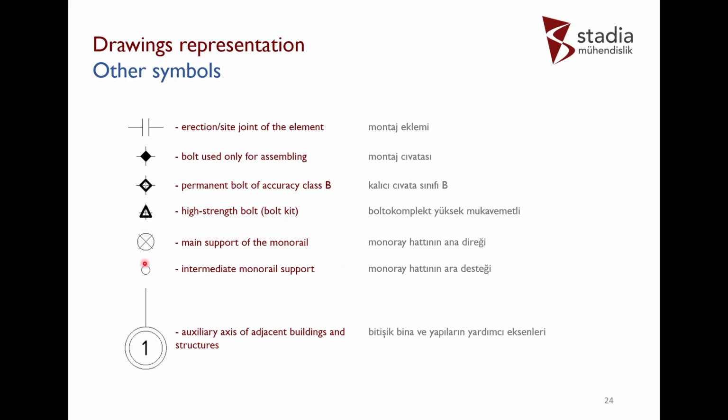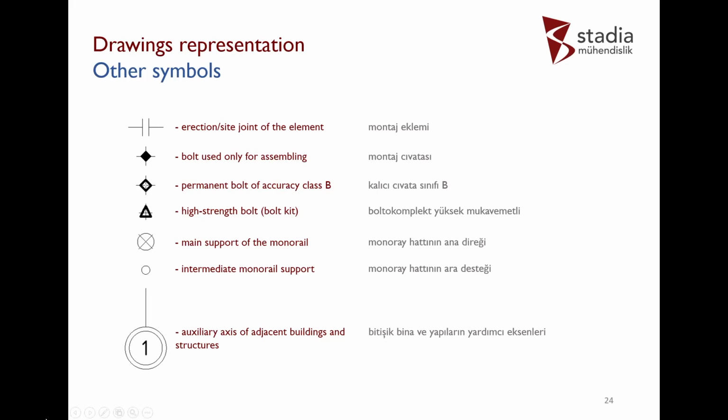This symbol is for support of a monorail. If we have a monorail on the plan, connected to some kind of beam, we can mark this place with such a symbol. This is an intermediate monorail support. And the last important symbol is the symbol used for the nearest building.